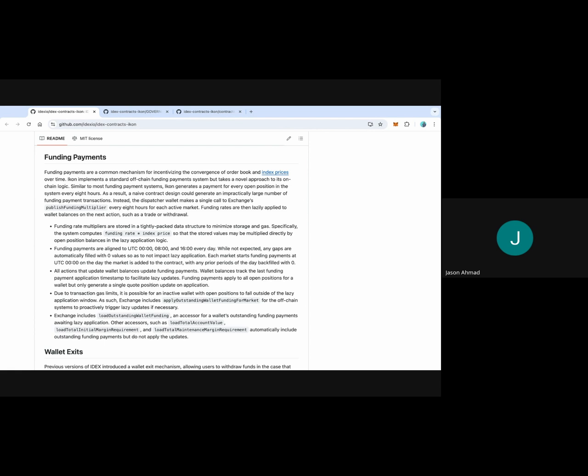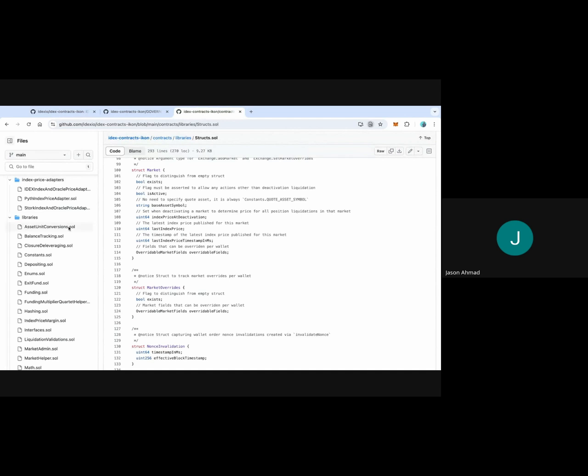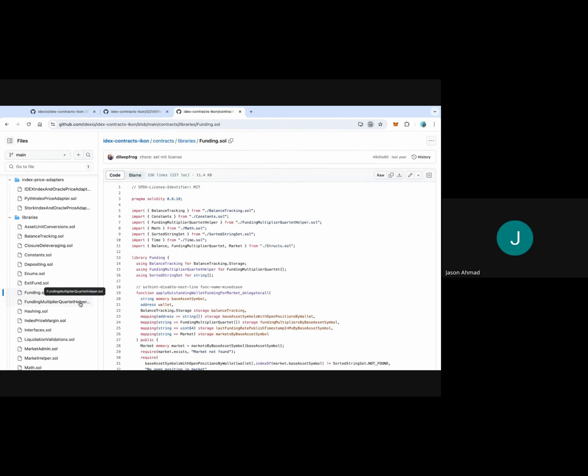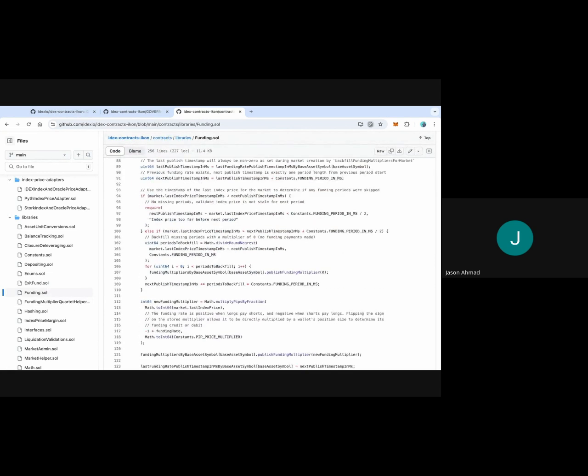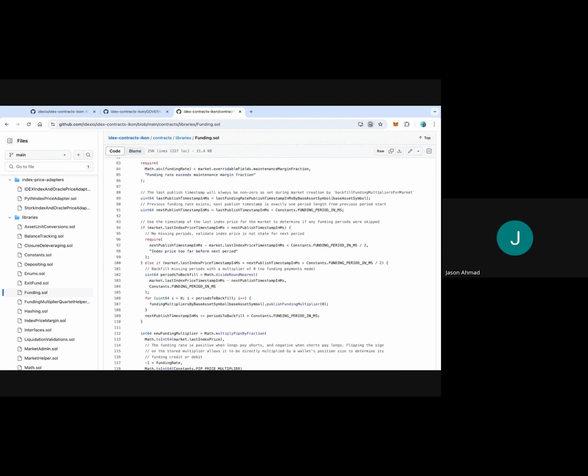So we have an interesting mechanism implemented through the funding contract and the funding multiplier quartet helper contracts that actually applies these lazily. So the really important concept here is that the funding rate is computed on the 8-hour basis, and only a single update is made to the contracts, which essentially posts the funding rate that is the valid rate for that 8 hours.